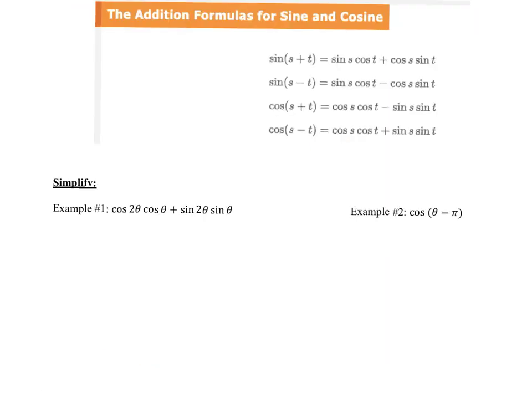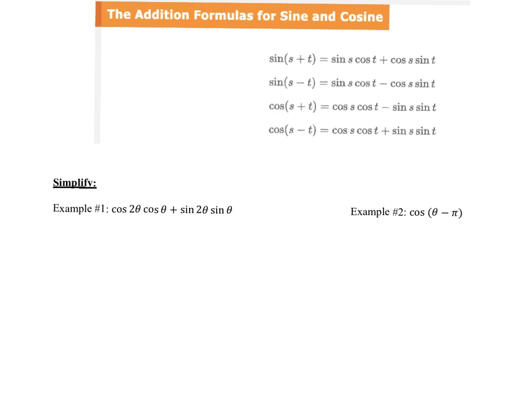All right, so now let's jump into some examples here. So the first one, you kind of got to look at it and you'd be like, well, we're not adding two angles here. No, this looks like the right side of our formulas. So which one of these are we going to look at? Well, we're going to look at this one right here. I know that I have cosine s, cosine t right here and here. And then I have plus sine s, sine t right here.